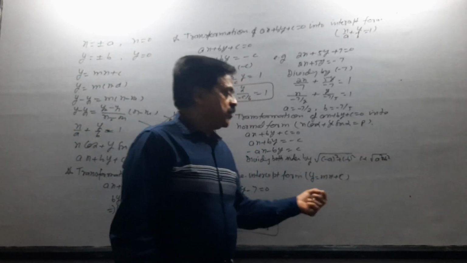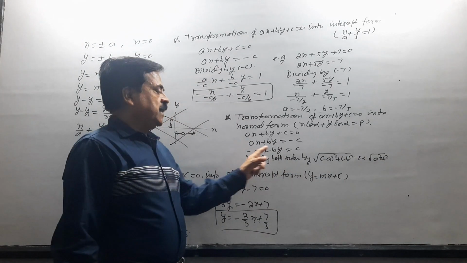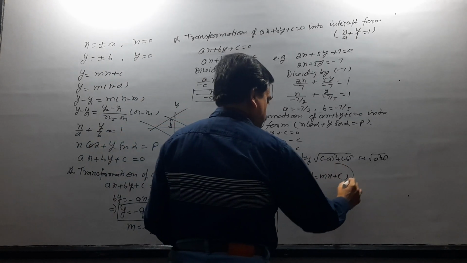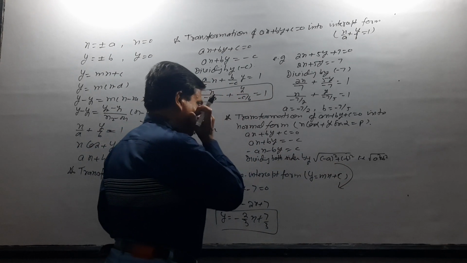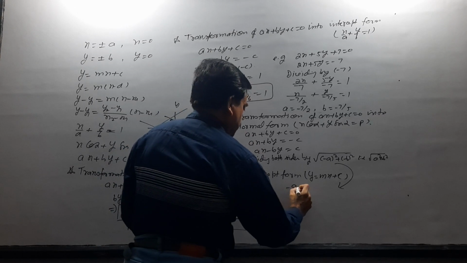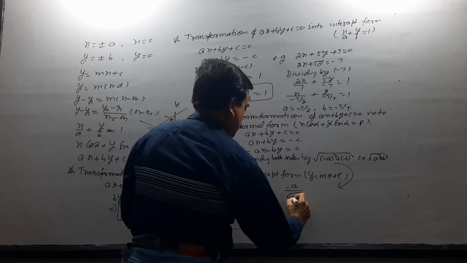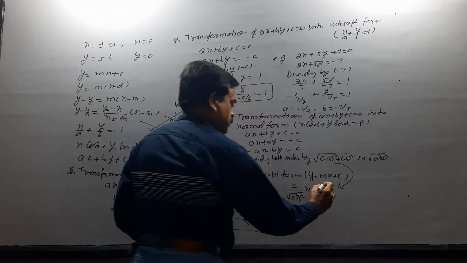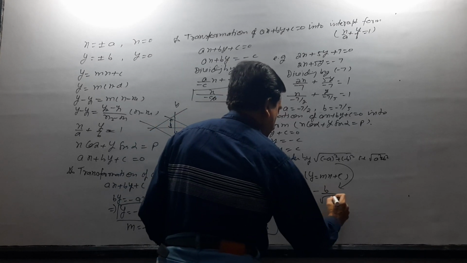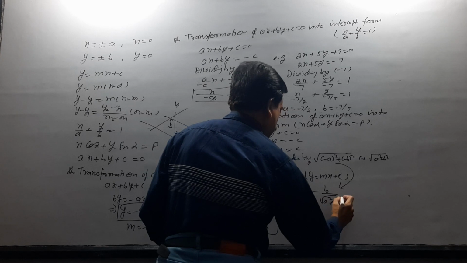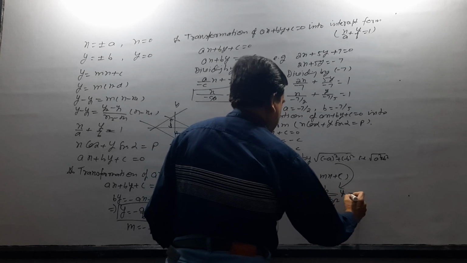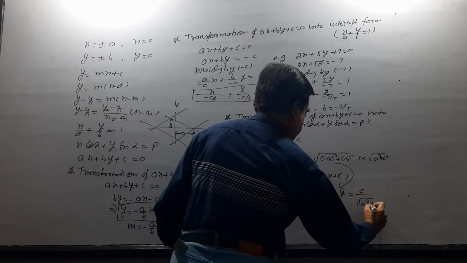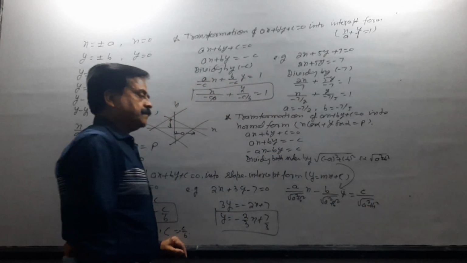A square and b square are the squares of the coefficients of x and y. Then the equation becomes minus a upon root a square plus b square x minus b upon root a square plus b square y is equal to c upon root a square plus b square.